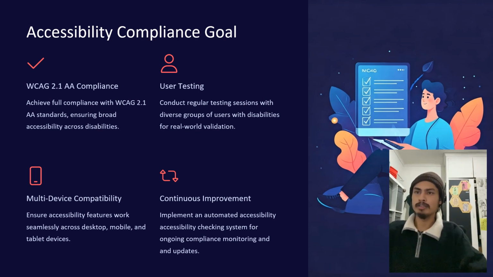The third one is user testing, to conduct regular testing sessions with a diverse group of users. And lastly, continuous improvement: implement an automated accessibility checking system for ongoing compliance monitoring and updates. Thank you.